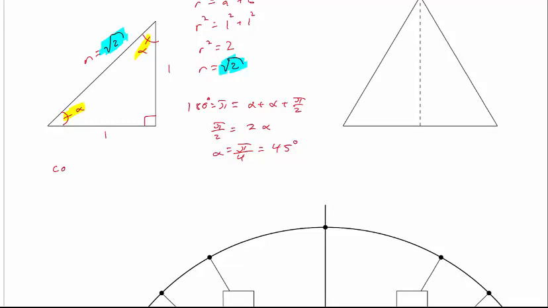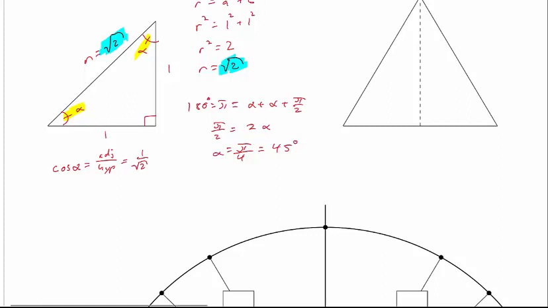So the cosine of alpha, well, what is that? That's the adjacent divided by the hypotenuse. Right, and so the adjacent, well, that's just 1. And then the hypotenuse, that's the square root of 2.